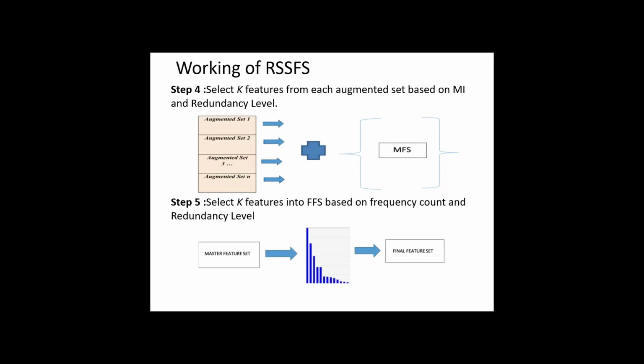From the master feature set, we got the final feature set, that is in step 5. How we got it was based on the most relevant and the non-redundant, where we use the most occurring component in every feature set. Let's say a feature component is occurring more than once, so we use the frequency count of every feature, sort it in decreasing order, and based on that we arrived at the final feature set.